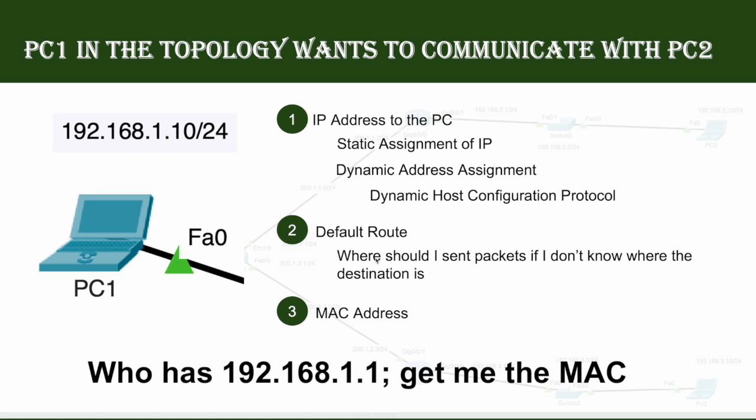Whoever has that, get me the MAC address. It sends a broadcast, and it's only able to send a broadcast because the IP address of the router is in its same subnet. So it sends a broadcast to 192.168.1.0/24, and whoever has the IP address 1.1 will respond.